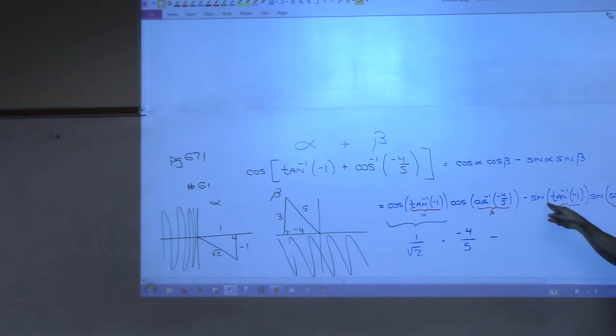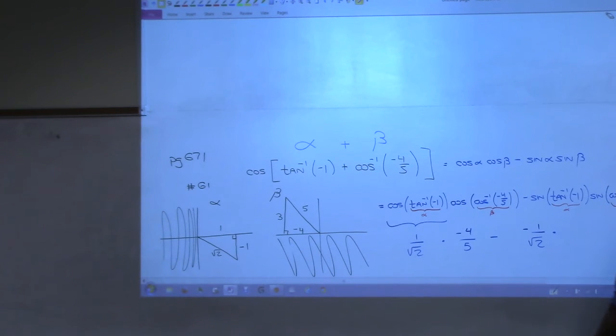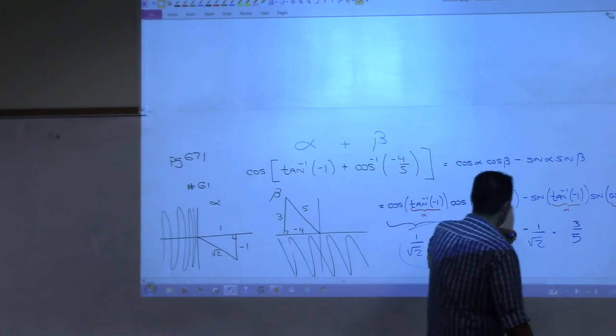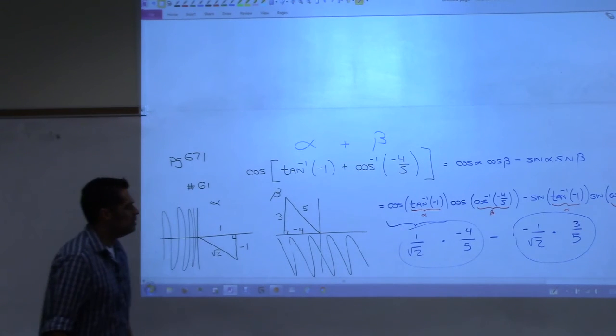Minus sine alpha, so you go to your alpha triangle, and you're doing opposite over hypotenuse, so -1 over root 2, times sine of beta, 3 over 5. You have to multiply these two together, and then subtract, order of operations.